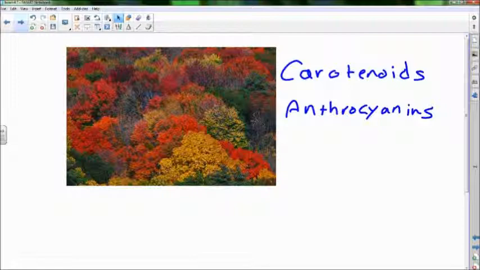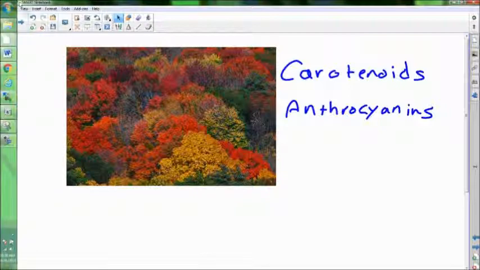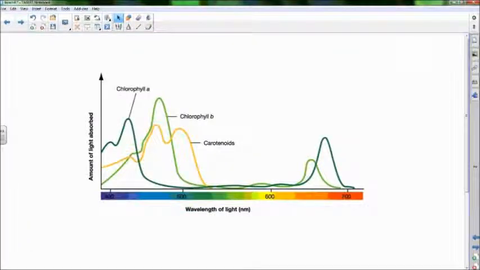Now these pigments do help to soak up sunlight. So this graph shows, we already talked about chlorophyll A and chlorophyll B. We see the carotenoids here are going to get a little bit of that kind of blue-green light of the spectrum. So they're going to soak up a little bit of the light that chlorophylls miss.